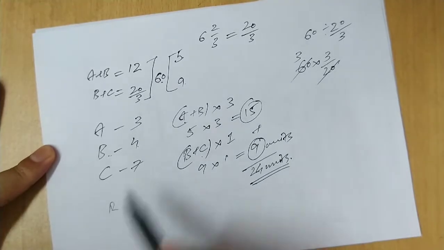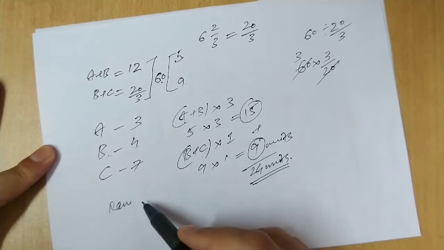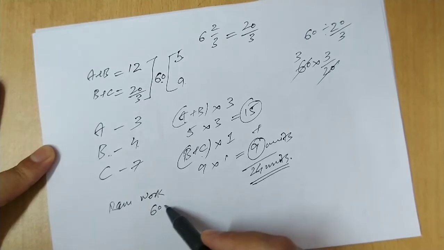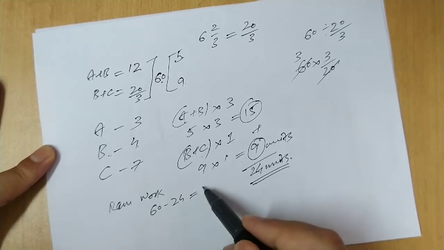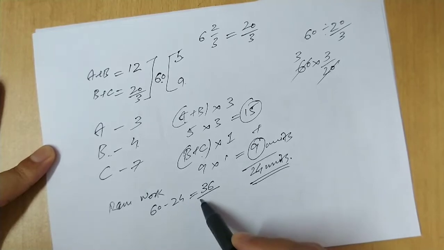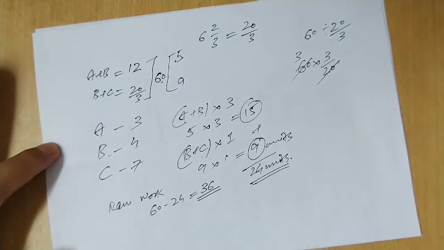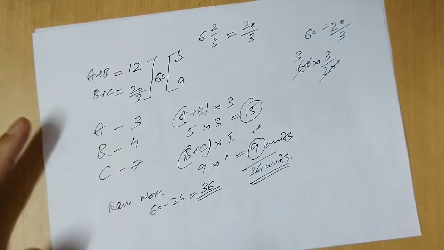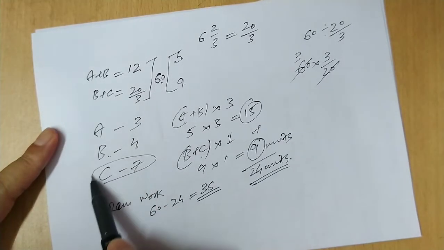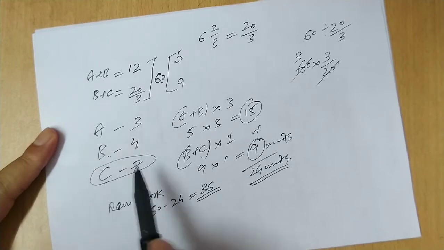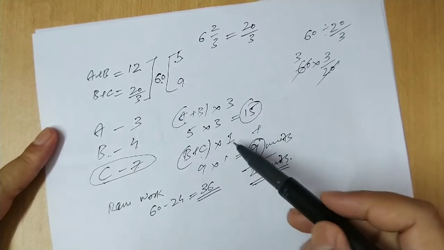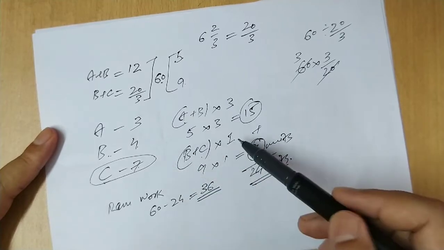So remaining work, our remaining work is how much? 60 minus 24 is equal to 36 units is our remaining work. Now this remaining work is completed by C. C works for 7 days, but C has already worked 1 day with B, so his remaining days is 7 minus 1, 6.